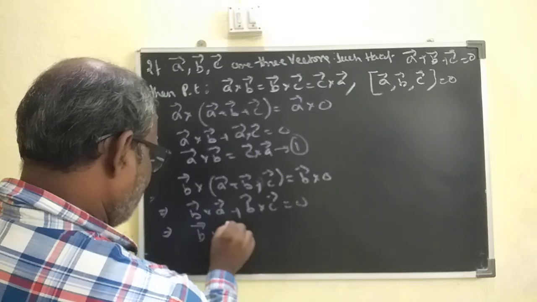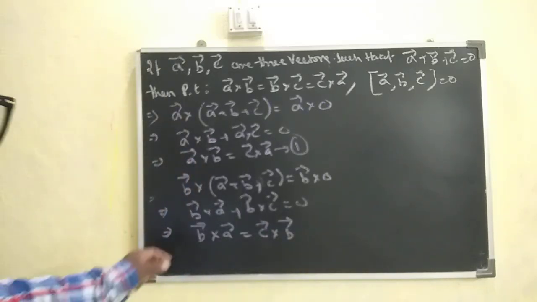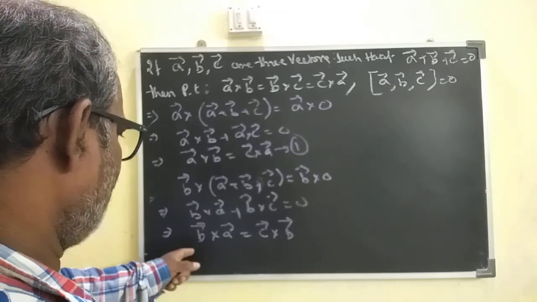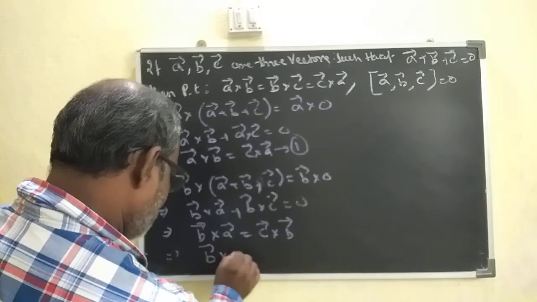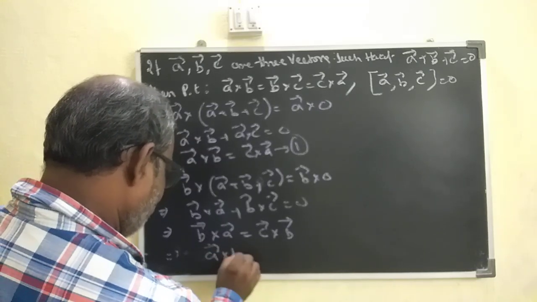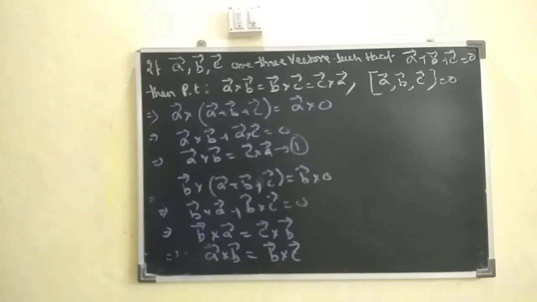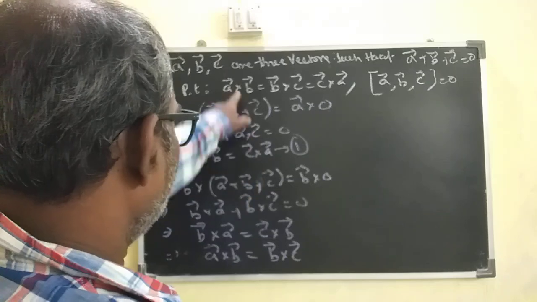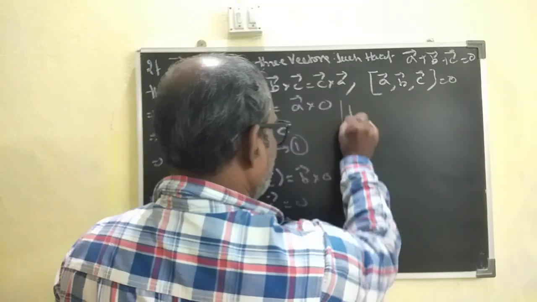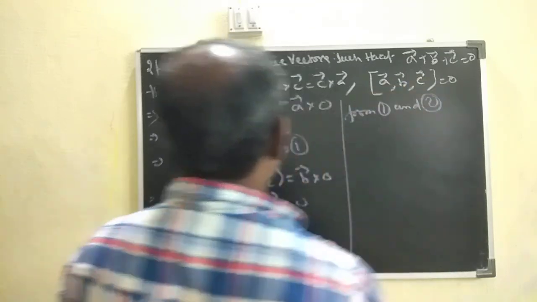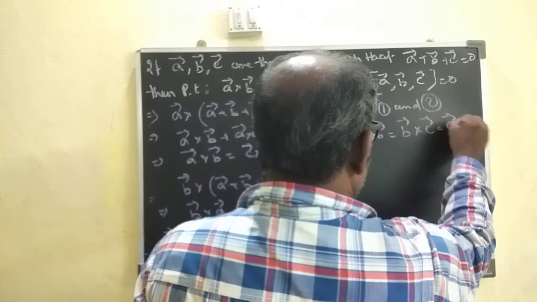Vector B cross vector A equals vector C cross vector B. So this can be written as vector A cross vector B equals vector B cross vector C. A cross B equals C cross A, and B cross C equals A cross B. So from 1 and 2, vector A cross vector B equals vector B cross vector C equals vector C cross vector A.